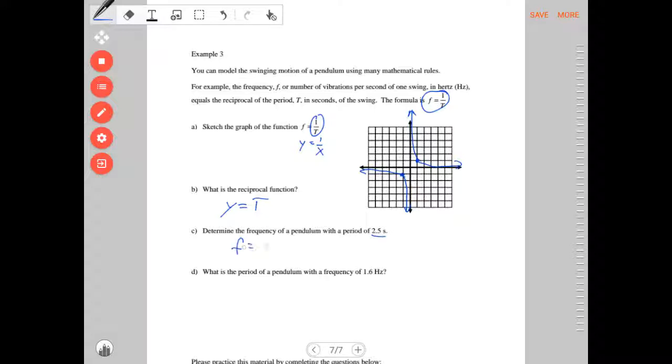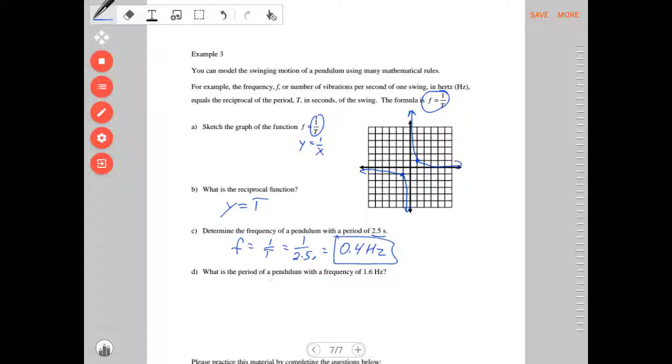So frequency is 1 over period, which is 1 over 2.5. Oh, okay. Well, we just type that in. 1 divided by 2.5. Hey, that's 0.4, and the units on frequency are hertz, Hz. Okay, so that's the answer for that one.